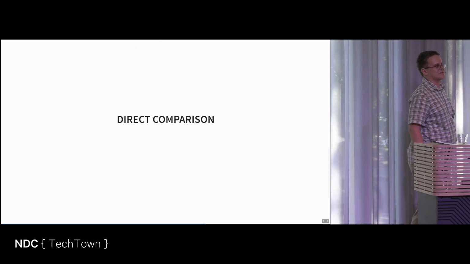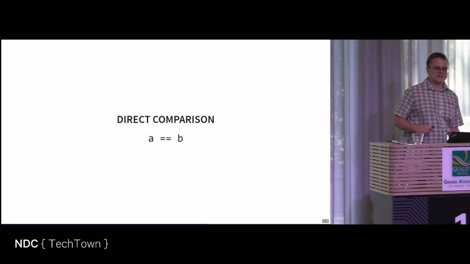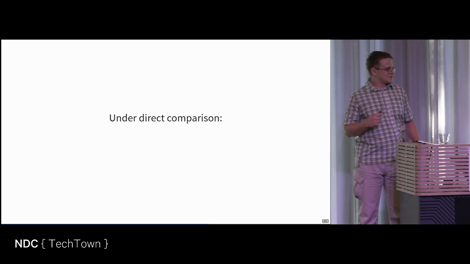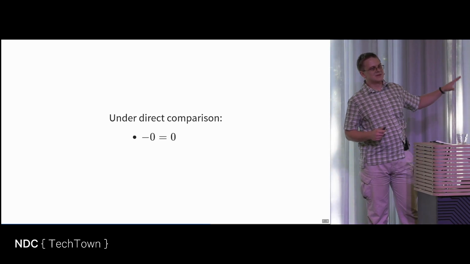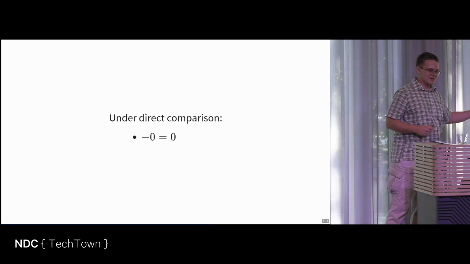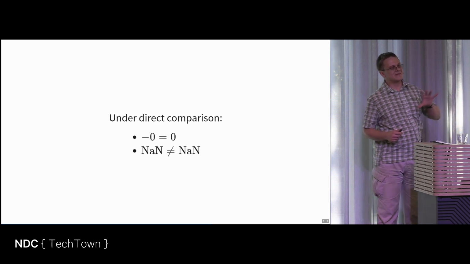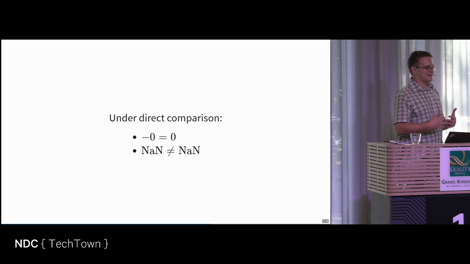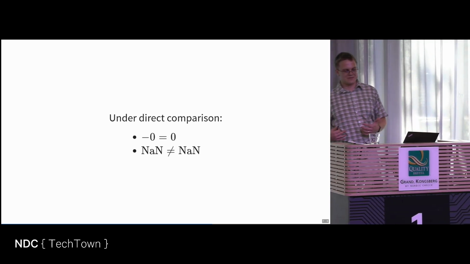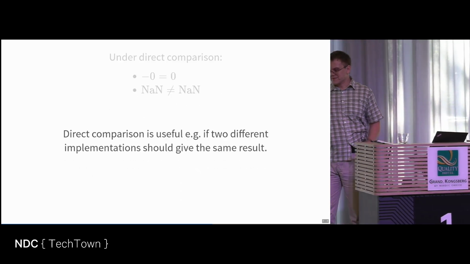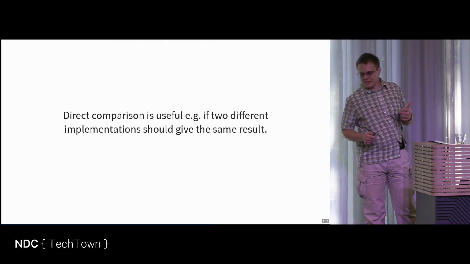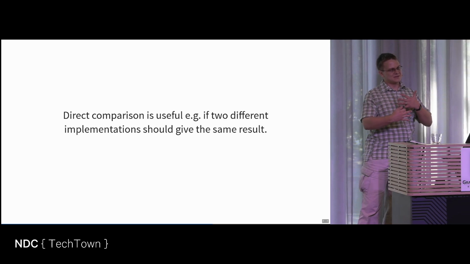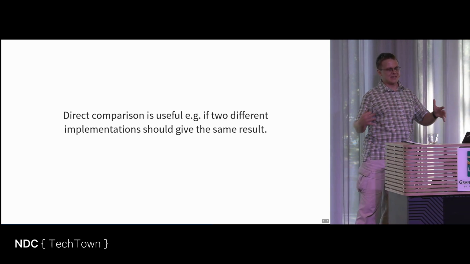So let's talk about direct comparison. This actually is what happens when you write A equals B. And when you use it, then -0 and 0 are equal. Okay? NaN is not NaN, never. Not a number is defined to not be equal to anything, including another not a number. And it's useful rarely. Only if you have pretty much exactly the case where you have different implementations of the same stuff, and they should give the same result.